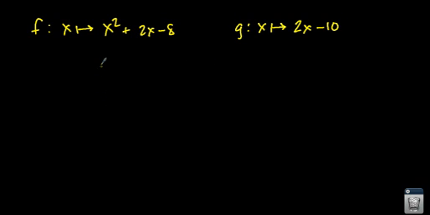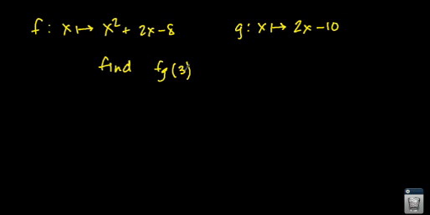If I ask you to find fg of 3, this is called a composition of functions, just like we did last time in our last chapter.